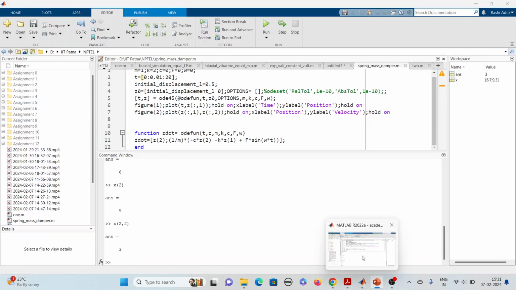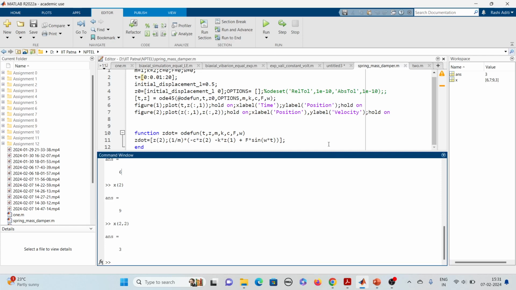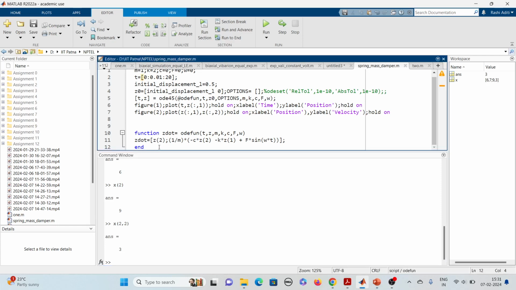So I'm going to write it in MATLAB like this. Here you can see it in terms of a function. Okay, so what am I doing? I'm basically defining a function, ODE function, with time t and capital Z, which is my variable.